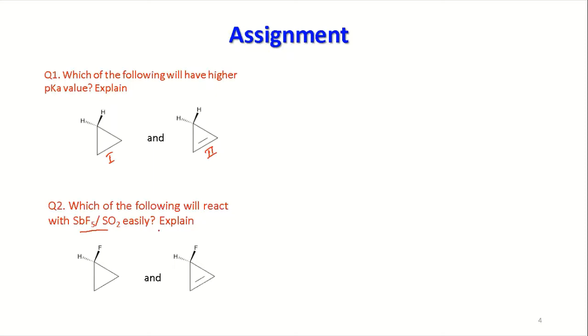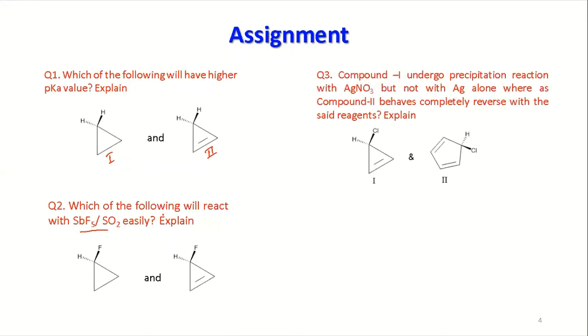And question 3: compound 1 undergoes a precipitation reaction with silver nitrate but not with silver alone, whereas compound 2 behaves completely in reverse, giving precipitation with silver but not with silver nitrate. Okay, why?